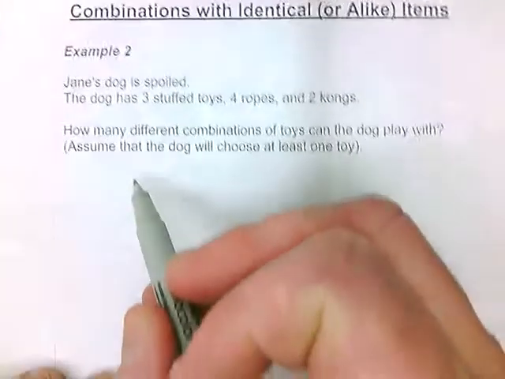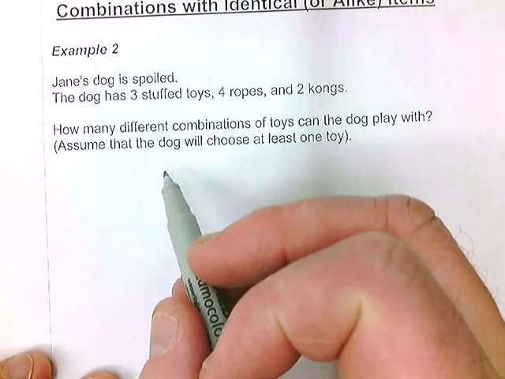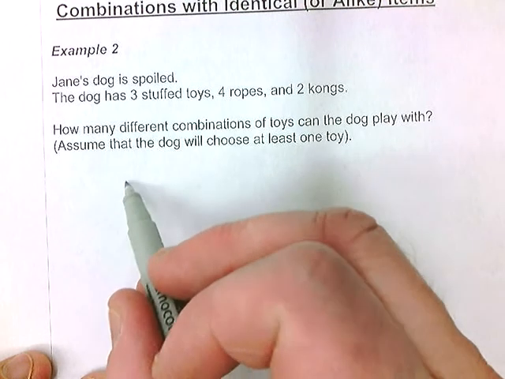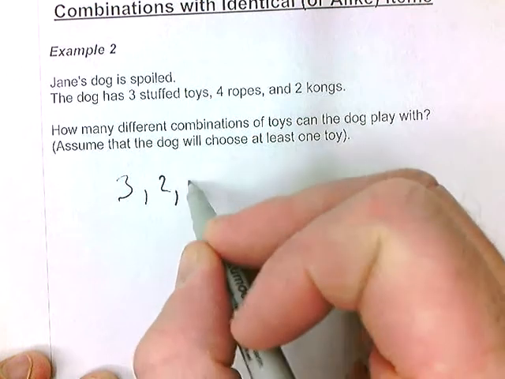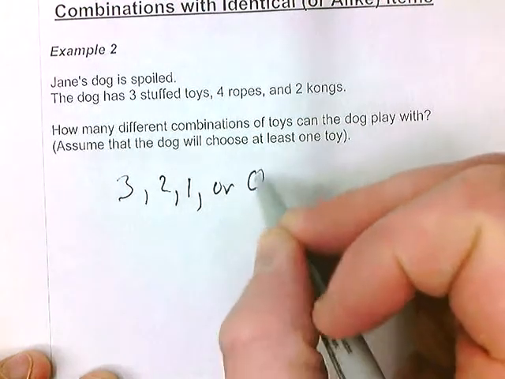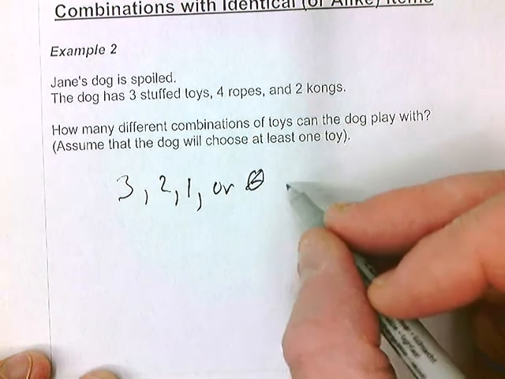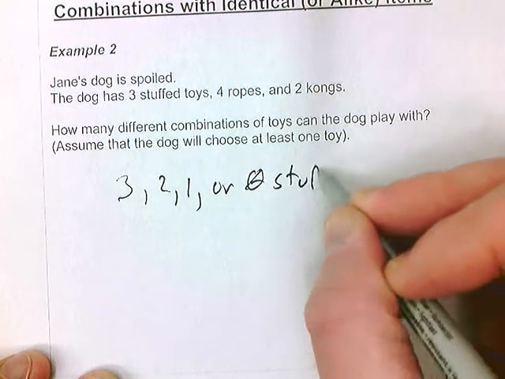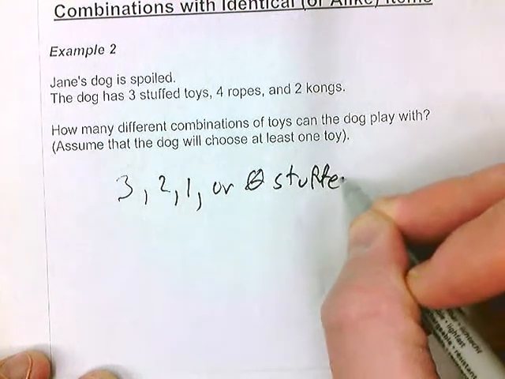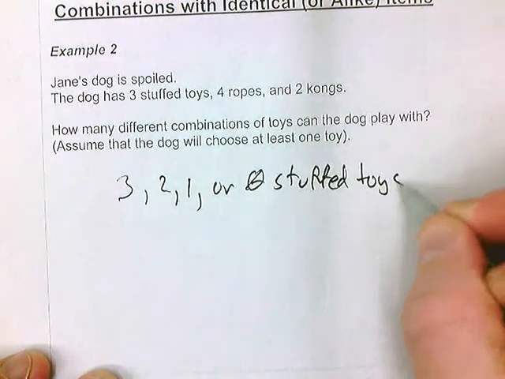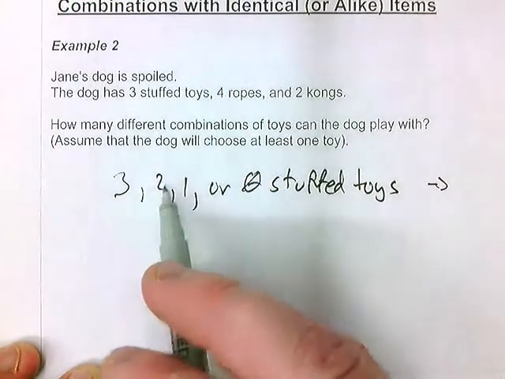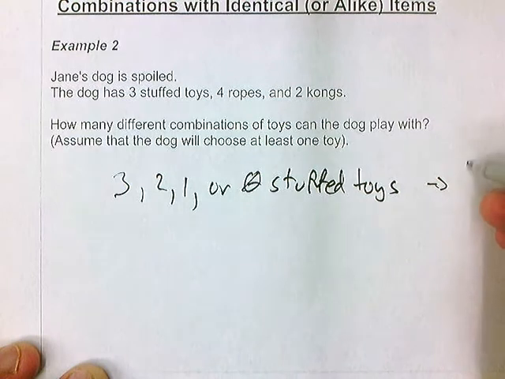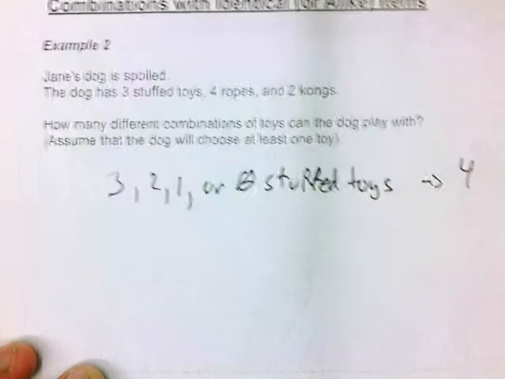So if we think about this in a different way, you can have 3, 2, 1, or 0 stuffed toys, which really gives you 4 options when you're dealing with toys.